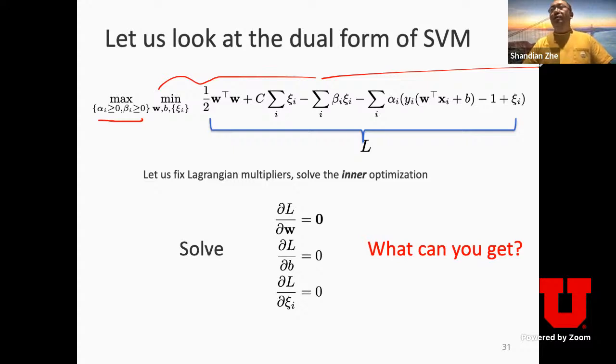Yeah, we just take the gradient and set the gradient to be 0 and see what we can get, right? So we have three variables: the feature weight vector W, the bias parameter B, and also the slack variables for every training example. Then we just take the gradient of our Lagrange function L with respect to all of them and set the gradient to be 0.